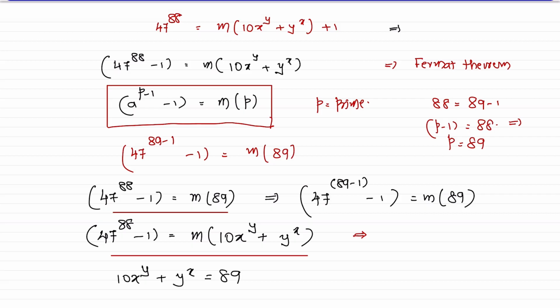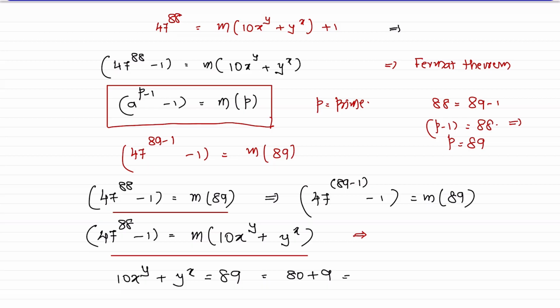From the Fermat's equation, we got the final equation in x and y as 10 into x to the power of y plus y to the power of x is equal to 89. How 89 can be written? 80 plus 9.